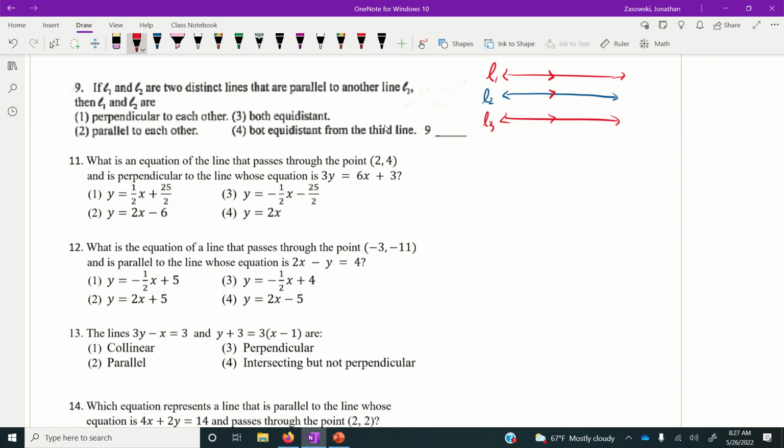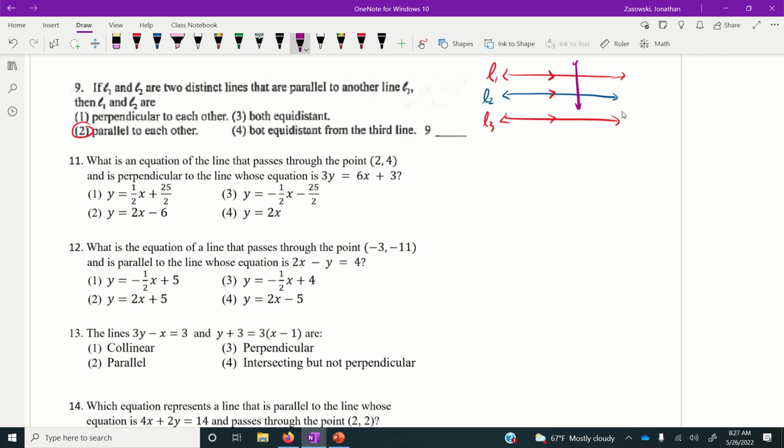What do we know about these lines? And hopefully we notice that they are all parallel to each other. That's it. Now, it could also phrase it differently and say that L1 and L2 are parallel, and L1 is perpendicular to another line.